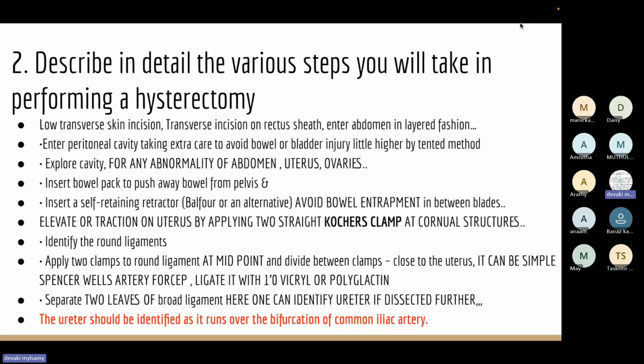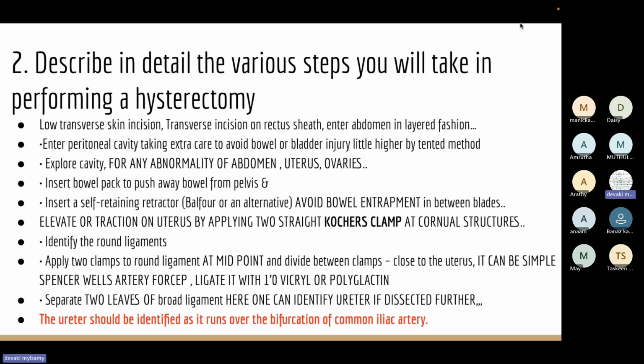I mentioned the word elevation, ma'am, not traction. You have to tell it. You can ask your assistant to elevate and give traction on these bilateral cornual structures by applying a straight Kocher's clamp.